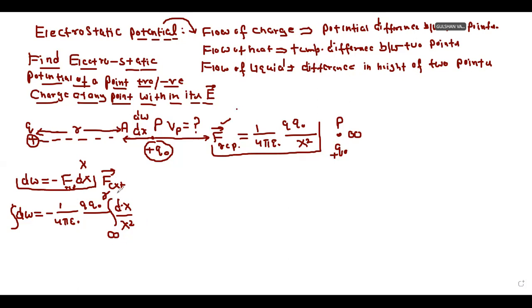Now I will solve this integration. The integration of dw, that is W, is equal to minus 1 upon 4 pi epsilon naught, and this is q naught, and I can write this from infinity to R. I can take this x in the numerator, so it will become x to the power minus 2 into dx.